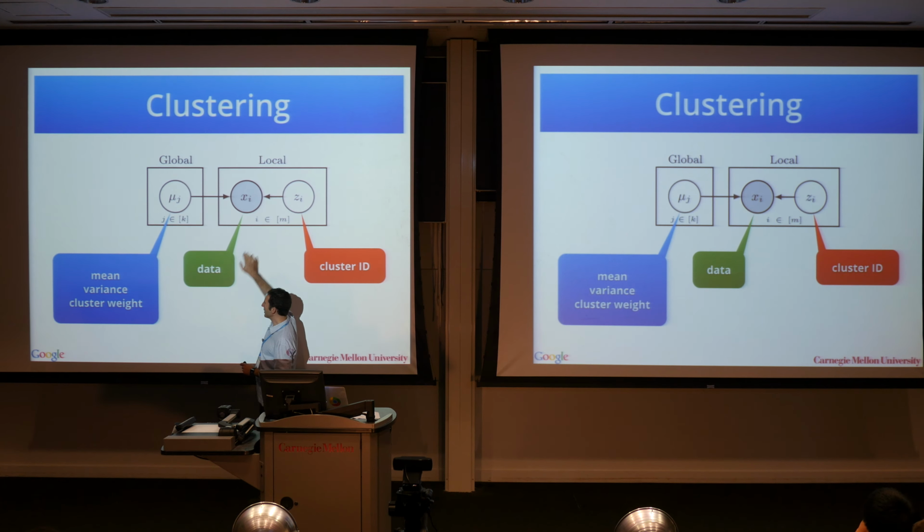Okay, so let me explain in a little bit more detail what I mean by that. What we have here are some data, the xi's, and I'm assuming that they are drawn according to some distribution from some cluster. In other words, I have some cluster IDs zi.